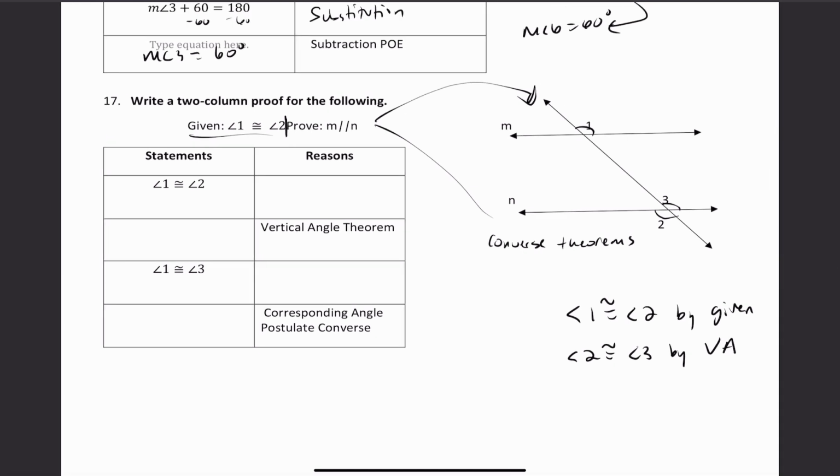And then, well, angle 1 is congruent to angle 2, and angle 2 is congruent to angle 3. Y'all, that looks like a transitive property sort of thing. So that's transitive property right there, trans for short. So then, angle 1 and angle 3, just by looking at it, they are corresponding. Again, these lines are cut by a transversal. If you're standing at 1, you're basically standing at 3, right? You're comparing one region to another.